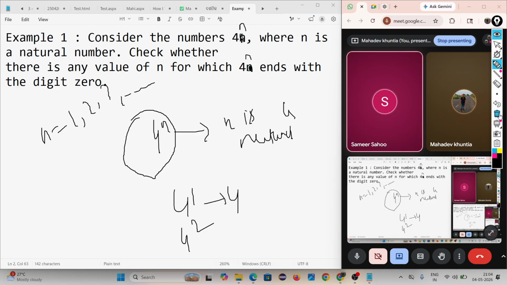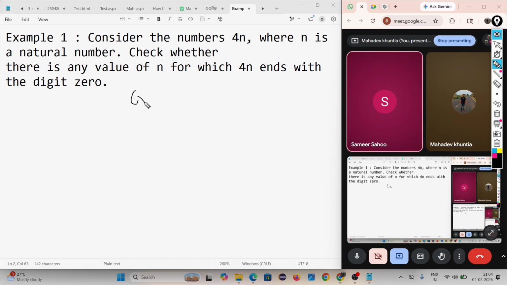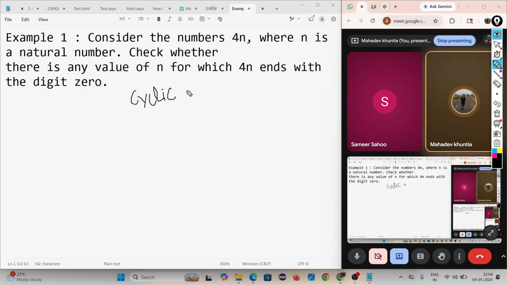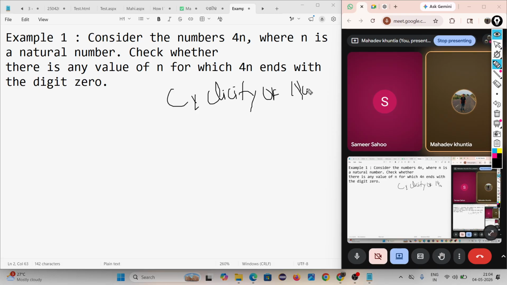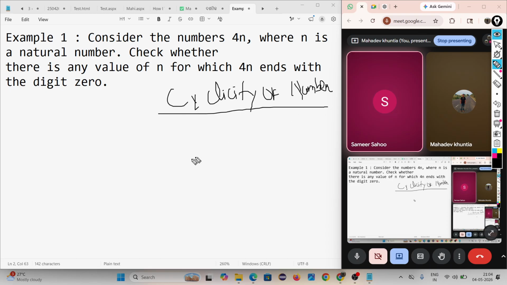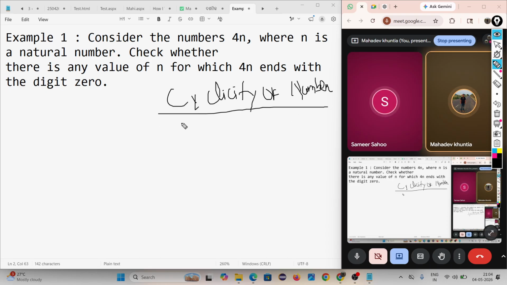Before going to this, let's study one concept called cyclicity, the cyclicity of a number. First I'm taking the number 5.